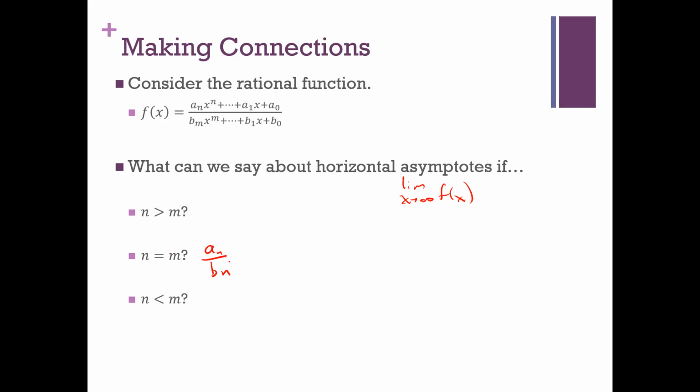What's going to happen to a function that looks like this if the largest power in the numerator is bigger than the largest power in the denominator? Which is going to grow faster, the numerator or the denominator? The numerator. So if the numerator is going to grow faster than the denominator, what's going to happen to the overall function as x gets very, very big?